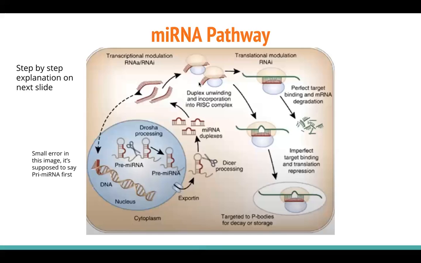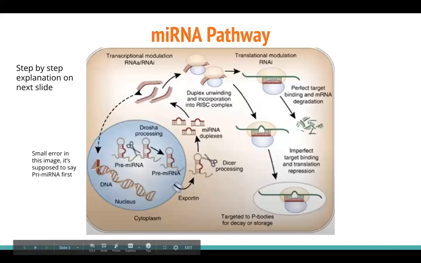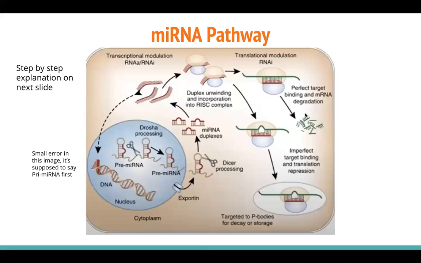That complex, Argonaute with the miRNA, is called RISC, the RNA-induced silencing complex. This RISC complex is then going to find its target mRNA, and it's either going to sequester it to a P-body so that the mRNA can be destroyed or recycled, or it's just going to immediately chew up the mRNA. That's essentially how miRNA destroys its target mRNA.